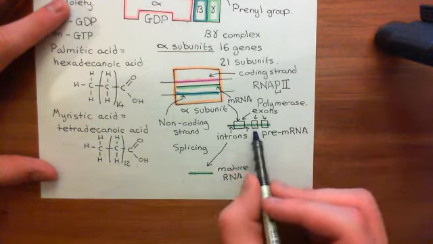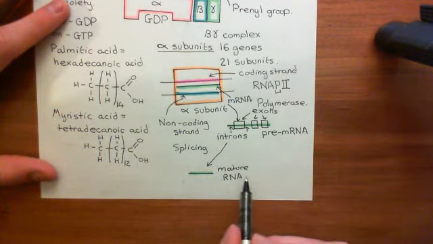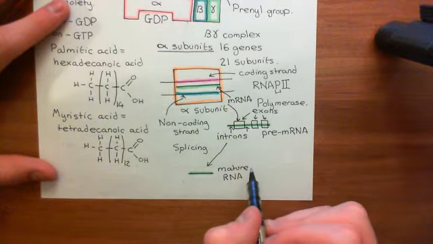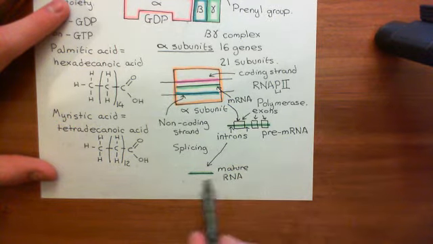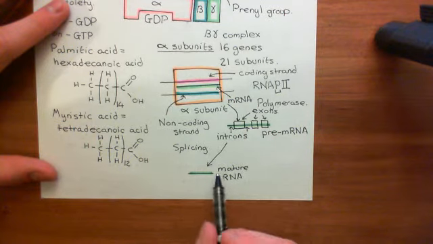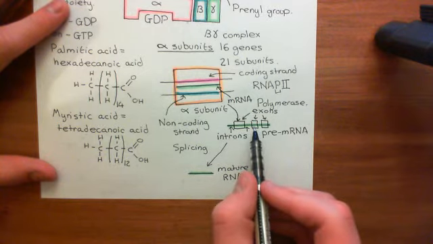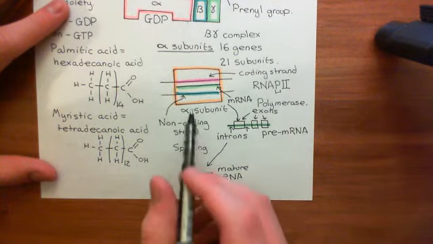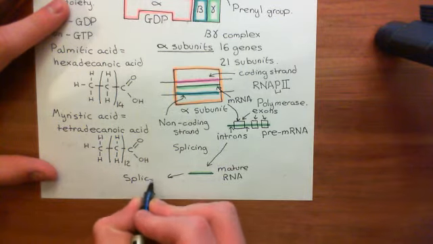And therefore you will have two different mature mRNAs you can produce, one which has this exon and one which doesn't have this exon, and those will code for slightly different proteins, and therefore, because you can create these two different mature mRNAs from the same piece of pre-mRNA, you can create two different proteins from the gene. And these are known as the different splice variants of the same protein.